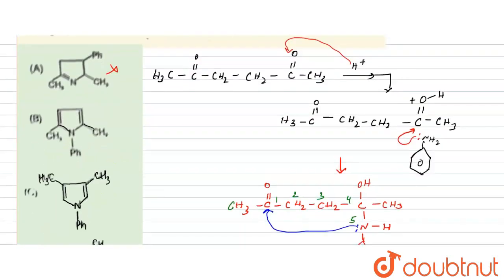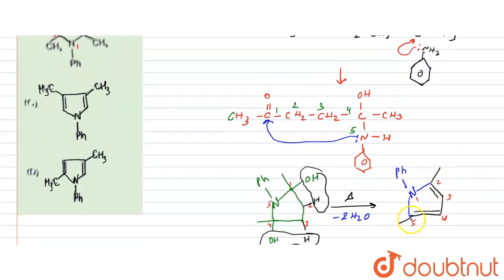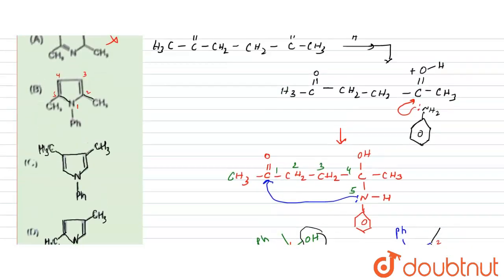But in the second compound, you can see very well that if you give this number 1, then this will be 2, this will be 3, this will be 4, this will be 5. So at 2nd and at 5th position you have a methyl group, and then there is a double bond. So alternate double bond is there, yes. So you will say that this option B is completely correct, right? You can see this is correct.